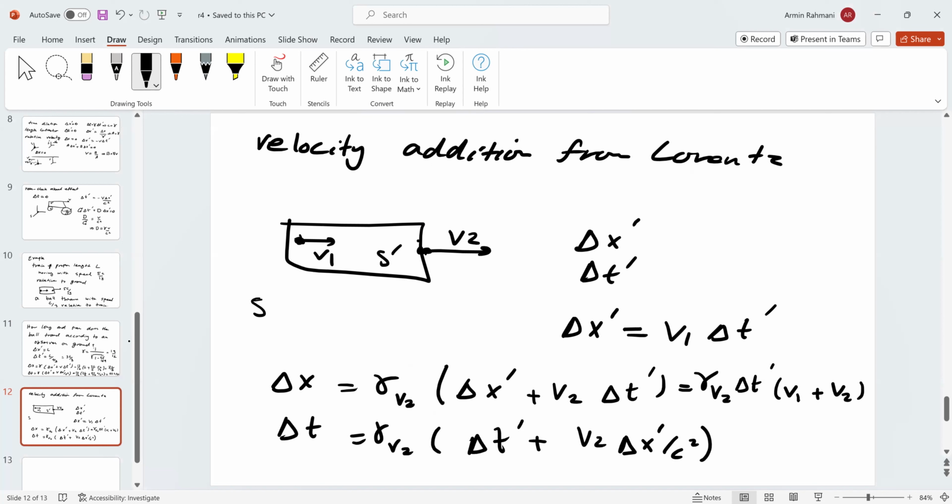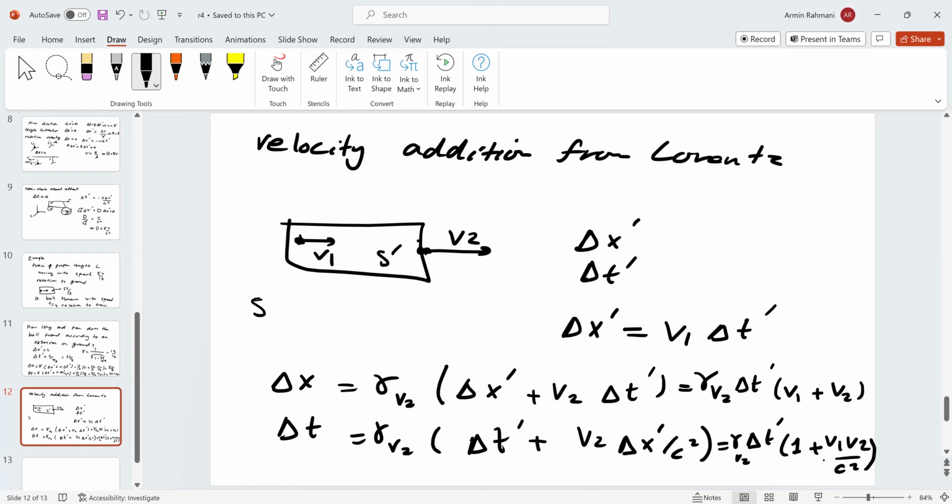I'm factoring out that delta T prime. Here again, this gamma of V2, again, let me factor out the delta T prime, same thing. So I get 1, and then that delta X prime is V1 delta T prime. So when I factor out the delta T prime, I end up with V1 V2 over C squared.